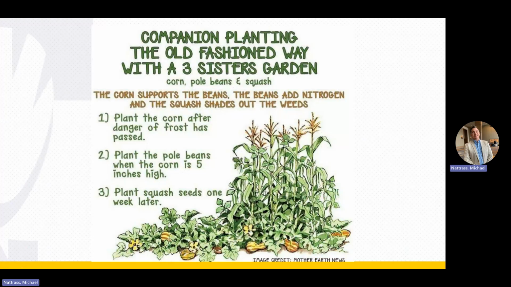And squash has this very large cover that is going to minimize the sunlight for the weeds, so they're not going to take up the nitrogen from the supply for the corn, but the pole beans are actually going to increase the nitrogen supply.